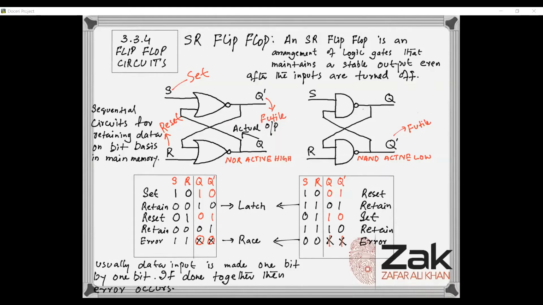Now what happens is that a few operations start when the pulse is high, and a few operations start when the pulse is low. So if you want to set, retain, reset, retain, how and when would that happen? When the system clock is high, the NOR gate activates.